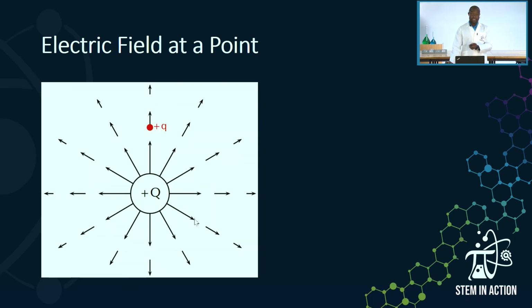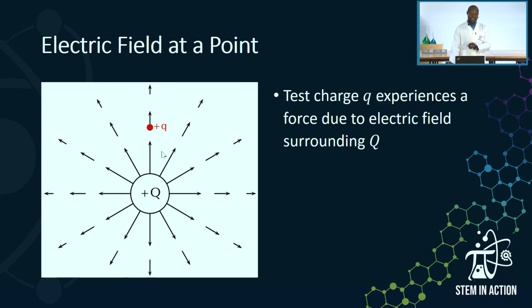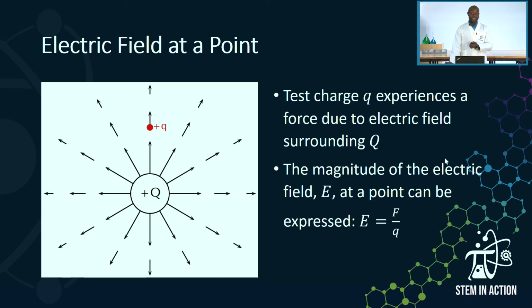So this is an image that we have already talked about. And we are saying that if we have got a positive charge and we have got a test charge, we already said that the test charge experiences a repulsion force, so the direction of the force is going to be moving away from the positive charge. Therefore, test charge Q experiences a force due to the electric field surrounding Q. And the magnitude of the electric field E at a point can be expressed as this, right?